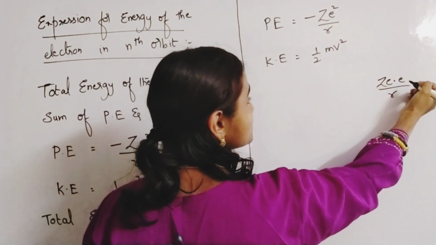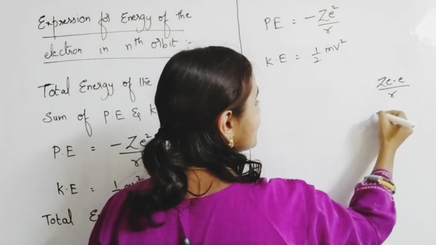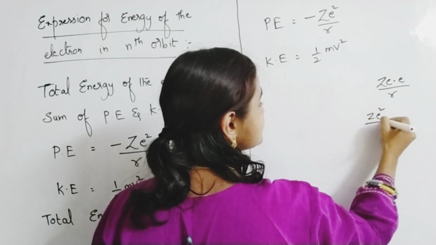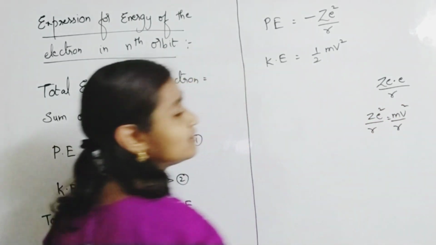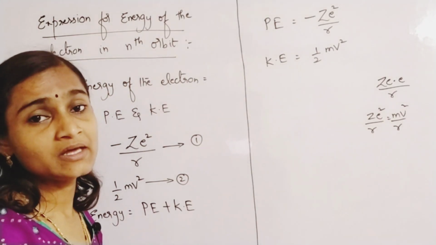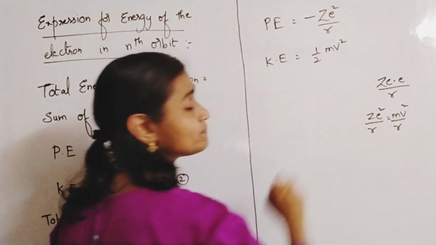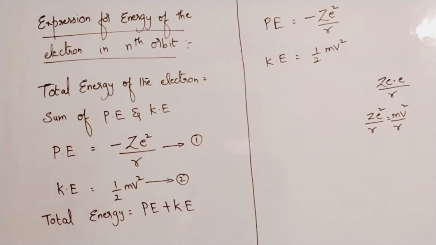Ze square by R square is equal to mv square by R. What is mv square by R? It is the centripetal force that is exhibited by the electron, isn't it?